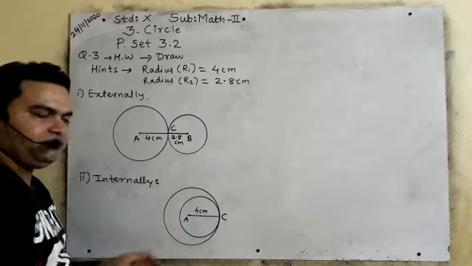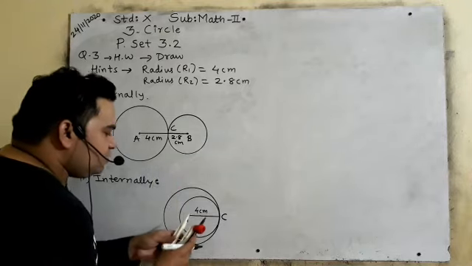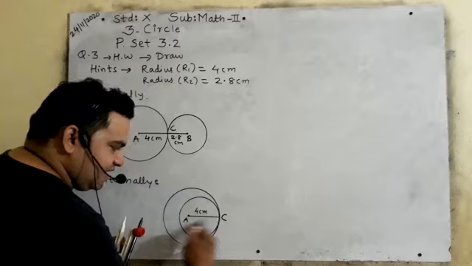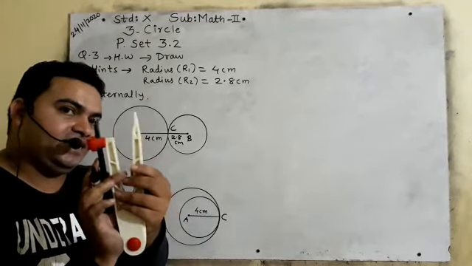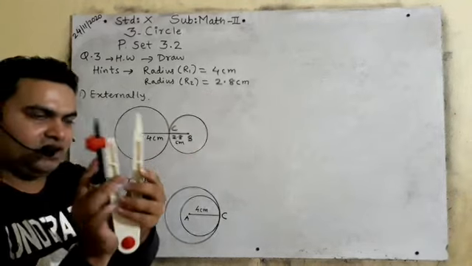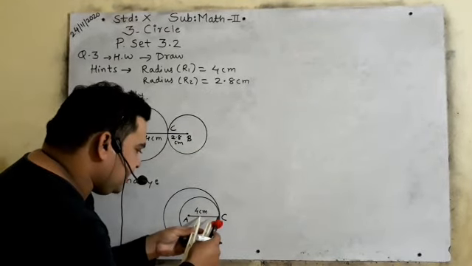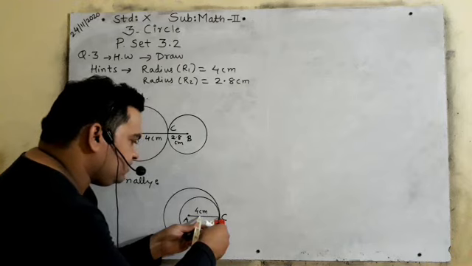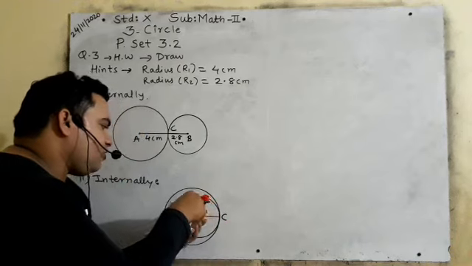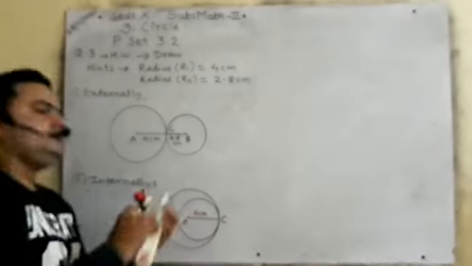You will draw the circle and you will make this radius line, and on this radius line you will take 2.8 centimeter, the smaller radius, and you will keep it on that line. You will check that the circle should touch the bigger circle, and then you will draw the internal circle.